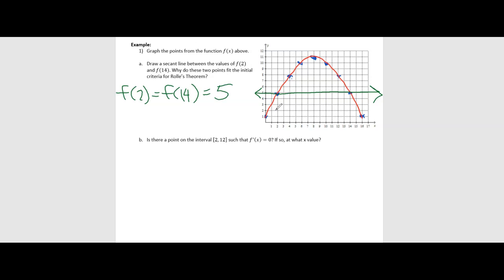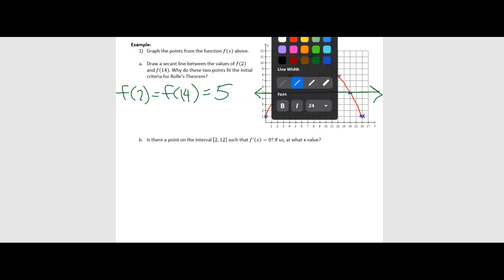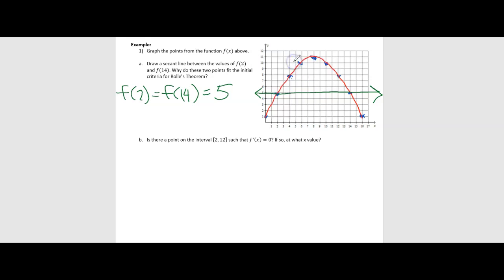We can also say that the function is continuous from 2 to 14, and it's differentiable on that open interval 2 to 14 as well. So we're actually going to write that underneath.